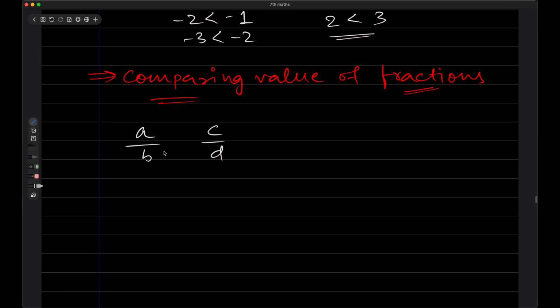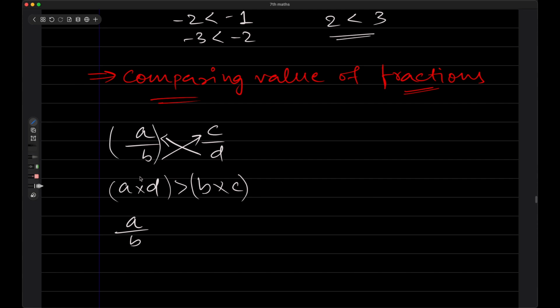To compare which fraction is greater, we will multiply d with a and write it below a, then we will multiply b with c and write it below c. Now whichever product is greater, let us say in this case a into d is greater, then a divided by b, that is our original fraction, will be greater than the other fraction.